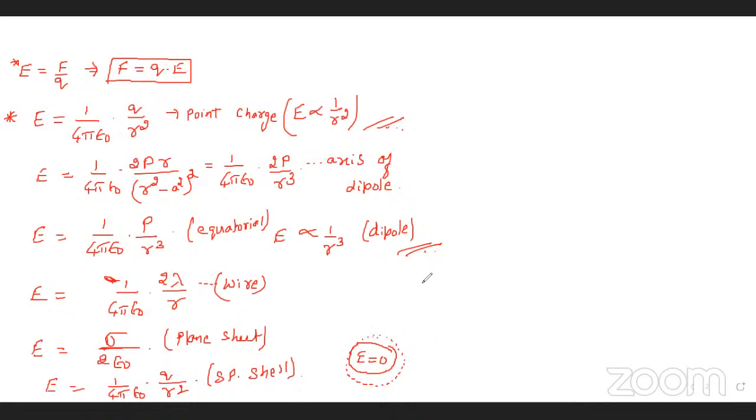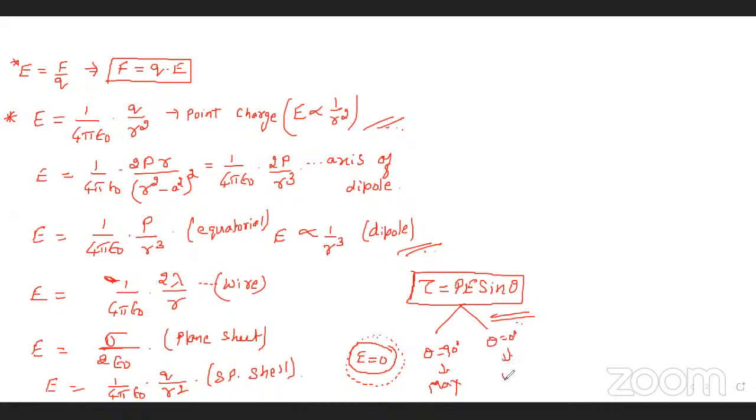And on the electric dipole, the torque acting is given by the formula tau is equal to PE sine theta. When the torque is going to be maximum and minimum, they will ask the question. Theta will be 90 degrees, then the torque is going to be maximum. If theta equals 0 degrees, then the torque is going to be minimum.